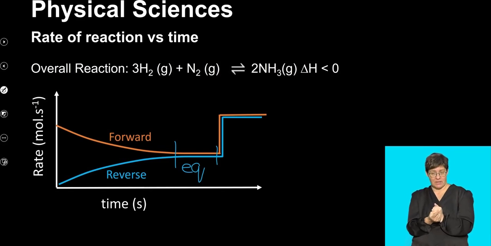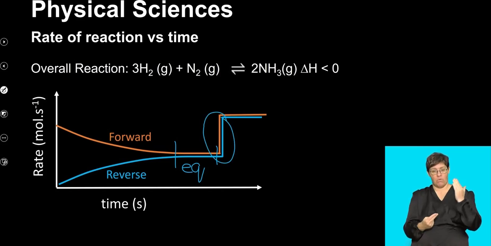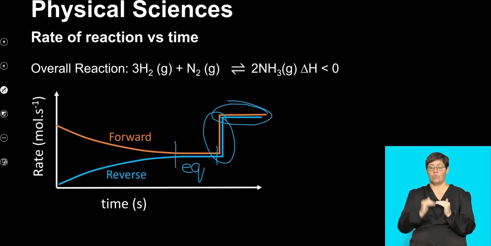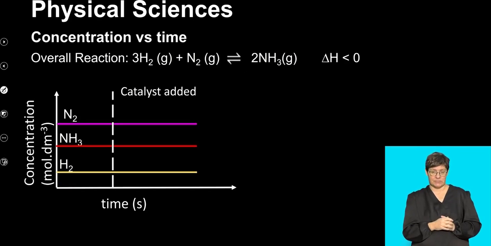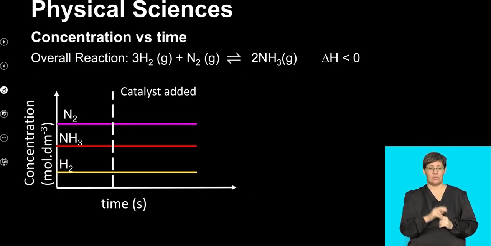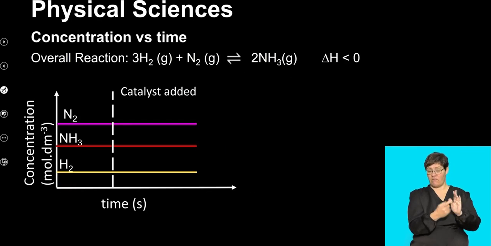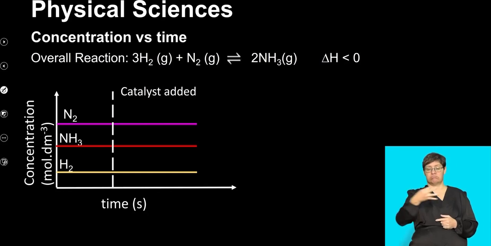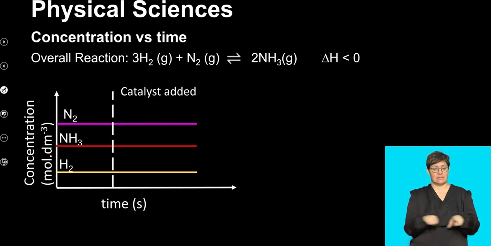Because it's a positive catalyst, it speeds up both reactions, but nothing else will happen. It goes to a new equilibrium position. When we look at your concentration graph for a catalyst, you can see after disturbance, all your concentrations remained the same, constant.